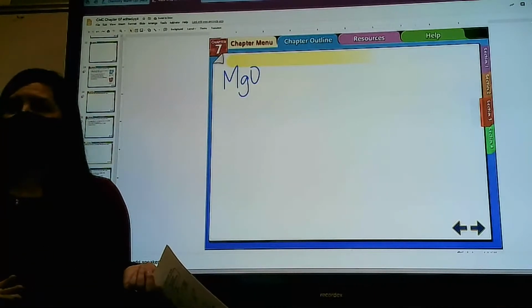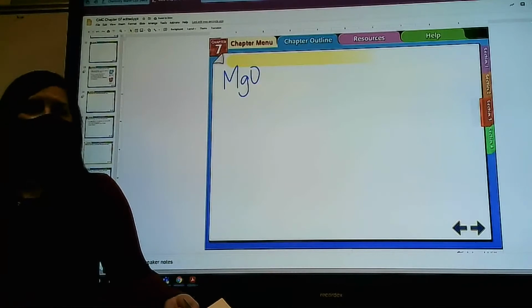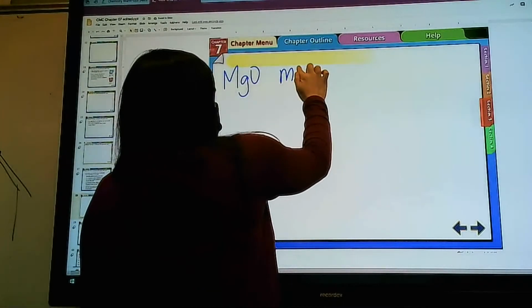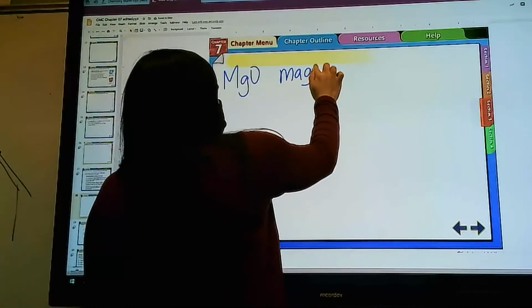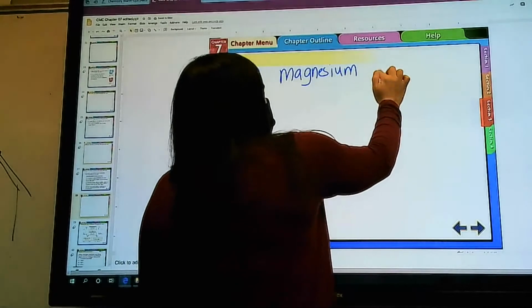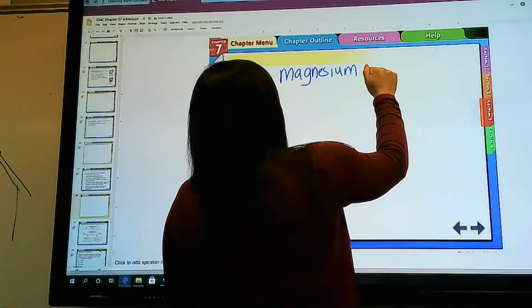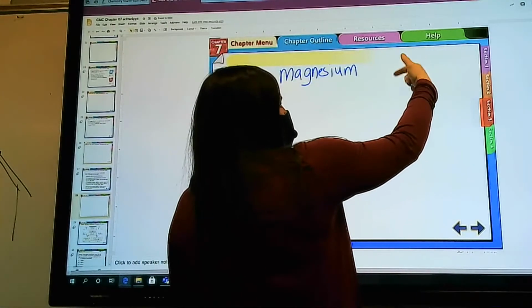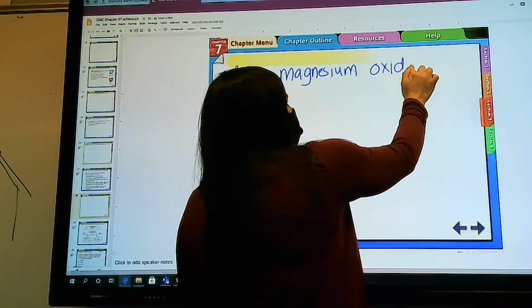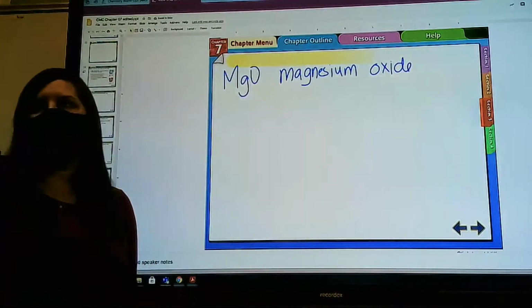We just keep the first word the same. So what are we going to say for the first element? Magnesium. And then Jackson was right. So we're just going to say magnesium. The first word is always the same. And then instead of oxygen, we add that IDE ending to the second word, so it will turn into oxide, like that. Okay?